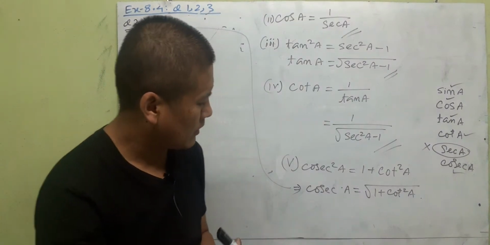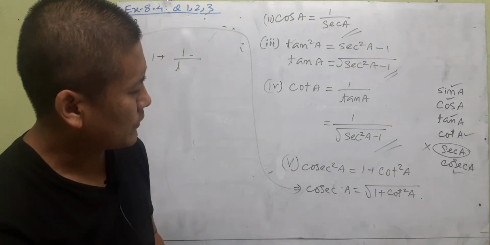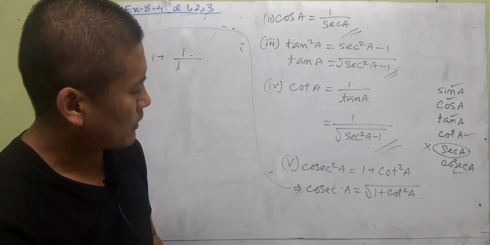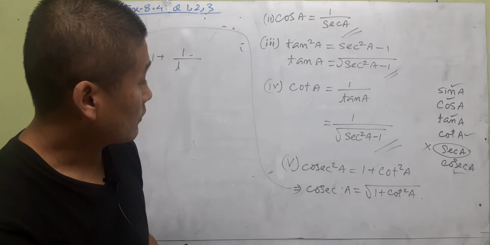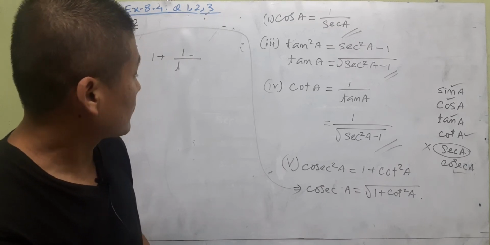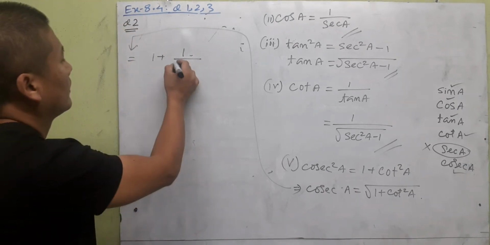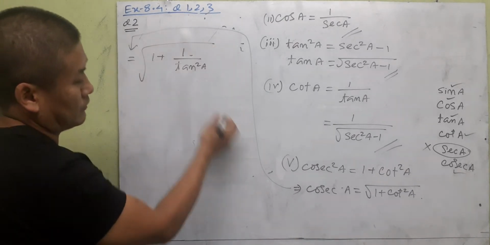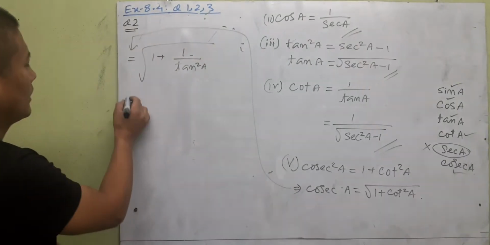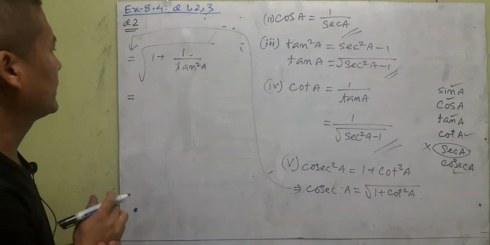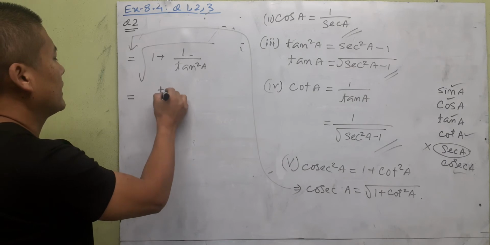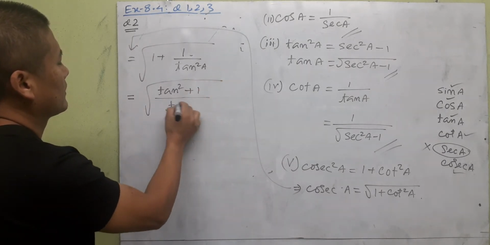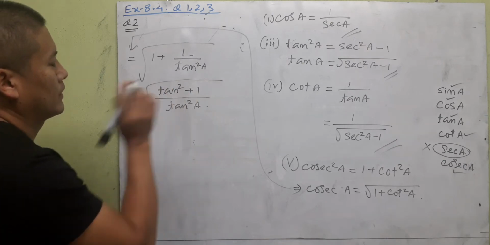So yes, this one also we can express in terms of 1 plus cot square A. Root over 1 plus 1 by tan square A. Then here we can do it like this: tan square into 1 is tan square A plus 1, long line, divided by the LCM, which is tan square A, right?